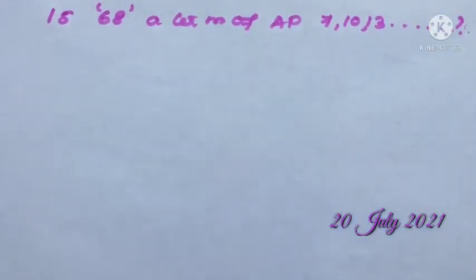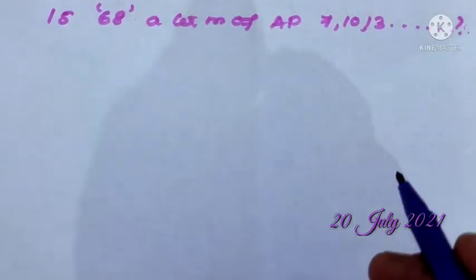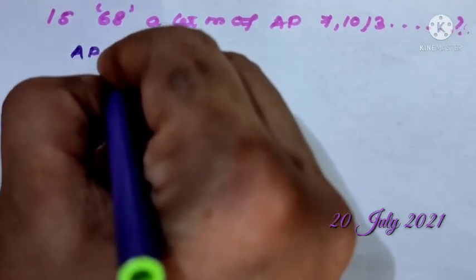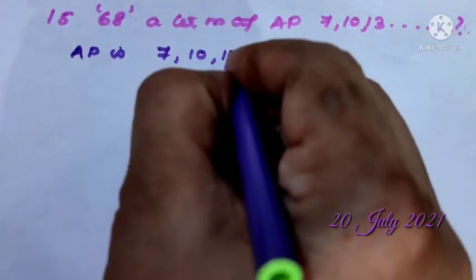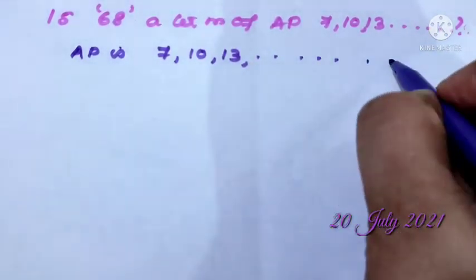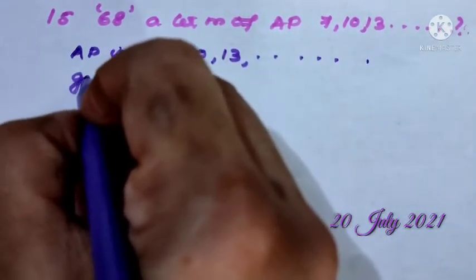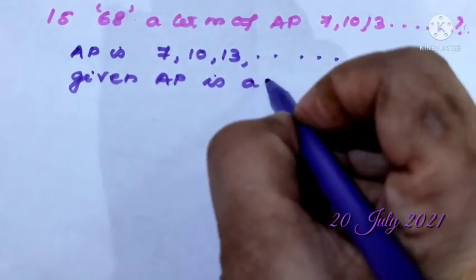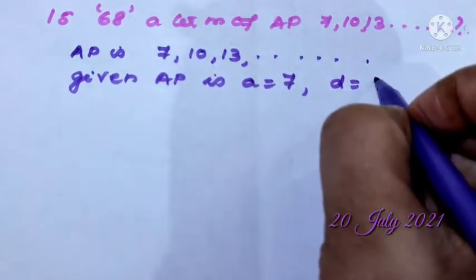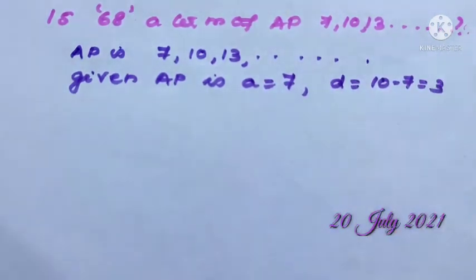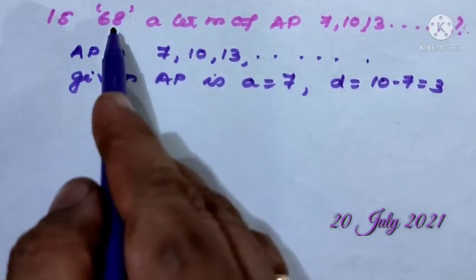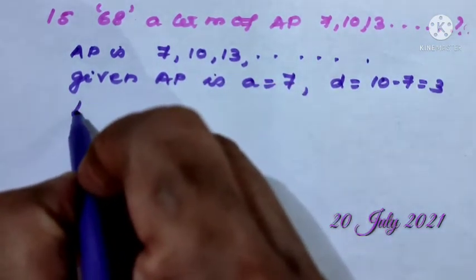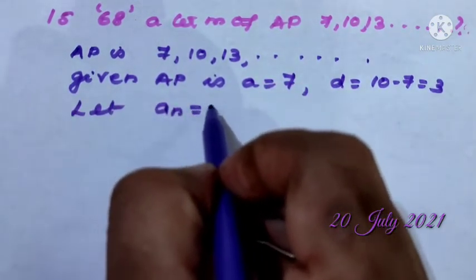Is 68 a term of the AP 7, 10, 13 etc.? So what is the AP? AP is 7, 10, 13 etc. So given AP is A equal to 7 and D equal to 10 minus 7 equal to 3. Now we have to check that 68 is a term of this. For such questions, let AN equal to 68.